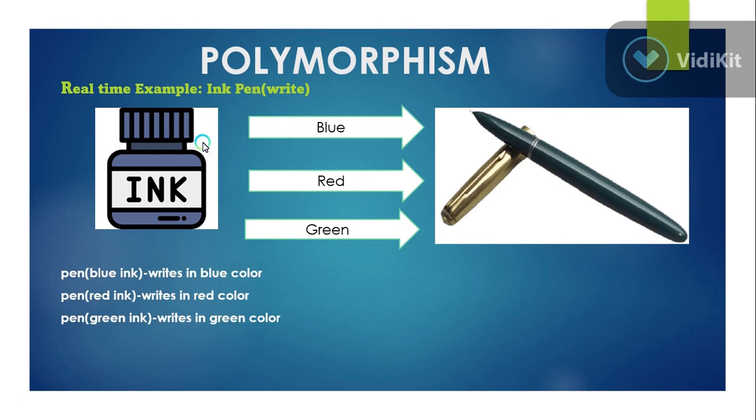When I change the color of ink, the behavior will change. It will write in blue, red, or green. That means polymorphism allows us to perform a single action in different ways. Writing is an action, but I'm doing it in many ways, isn't it?